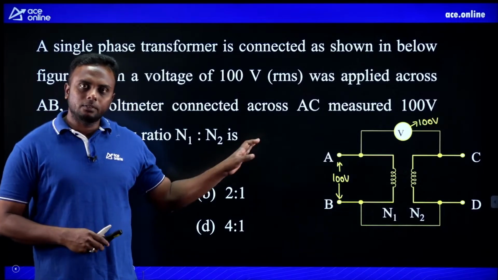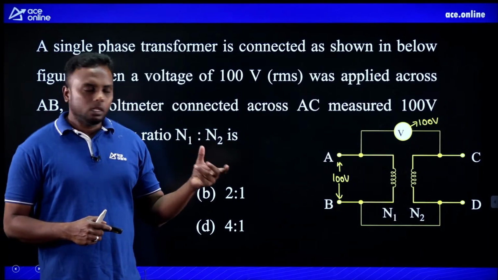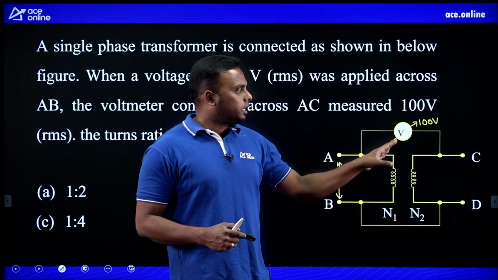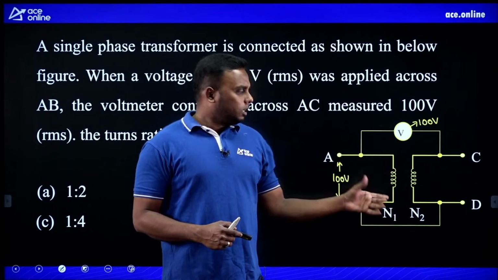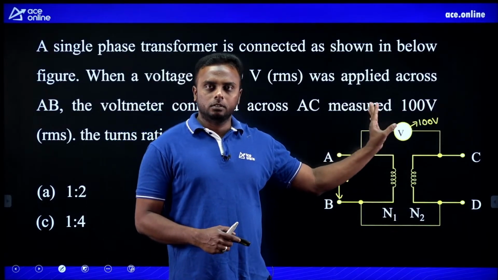So in the polarity test we get this figure. There you can understand the voltmeter may read the sum of the voltages of primary and secondary, or it may read the difference of primary and secondary. Anyhow, with the volts applied, this voltmeter reads 100 volts.